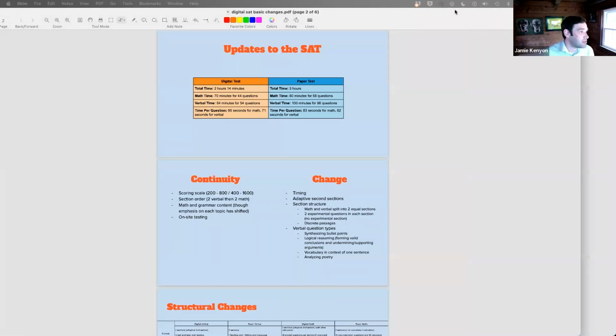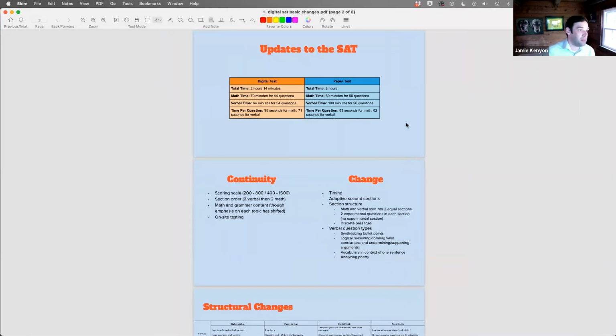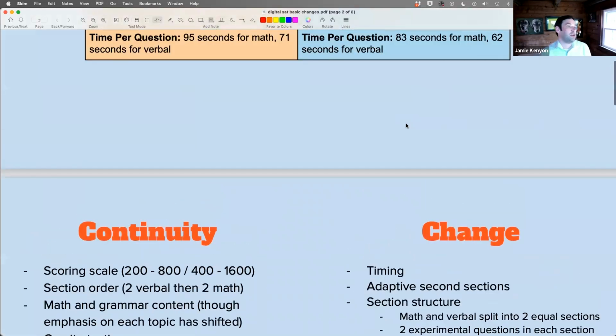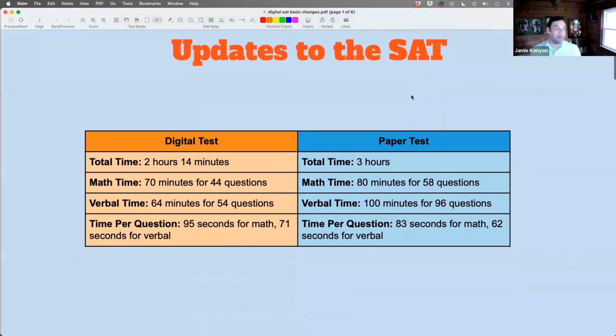So in terms of timing, they intend for it to be, I think, a little bit more forgiving. I'll show you on this table here. Digital test for math, you get 95 seconds per question as opposed to 83 on the current version of the test. And you get 71 seconds per verbal question as opposed to 62 on the current version of the test.